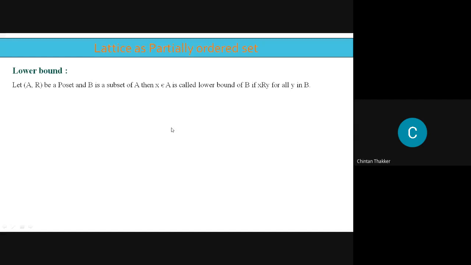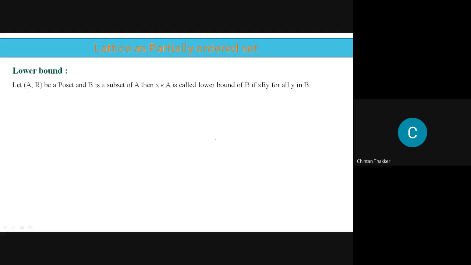See, let's take one example here. We know that (N, d) is a poset, right? N comma d is a poset.